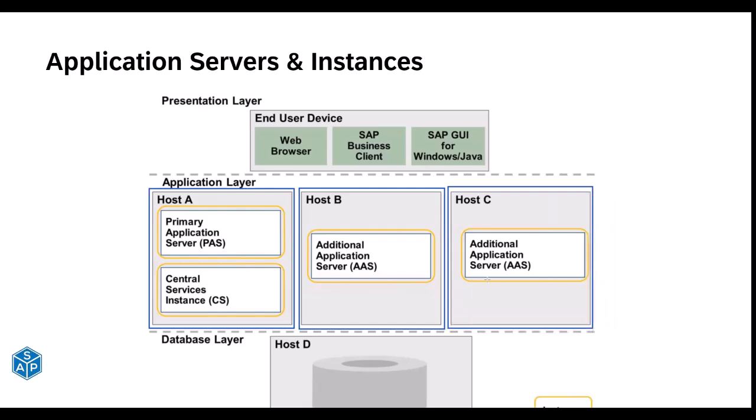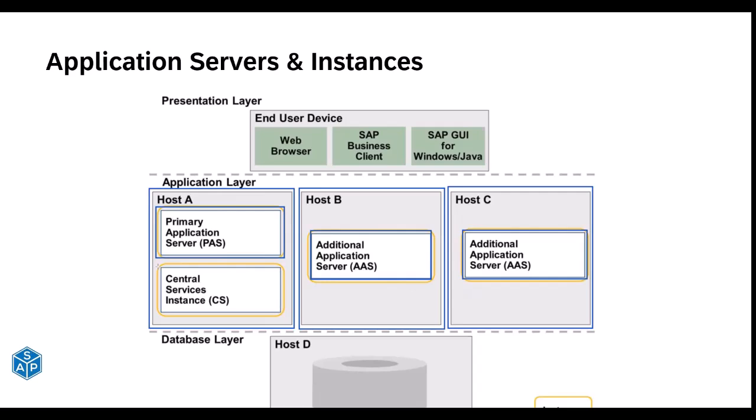So in total, how many application server instances do I have? Just check it again. I have only 3. This is my primary application server, and these are additional application servers. So I have three application server instances. This is different. This is not an application server instance. This is ASCS, Central Services for ABAP.